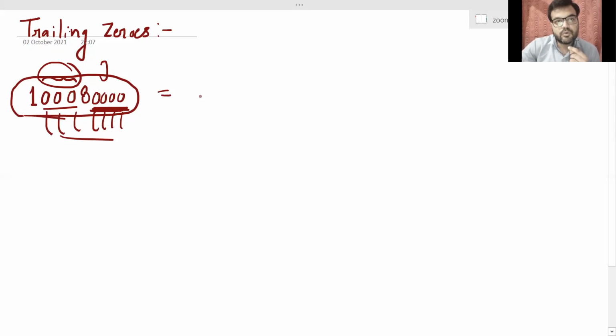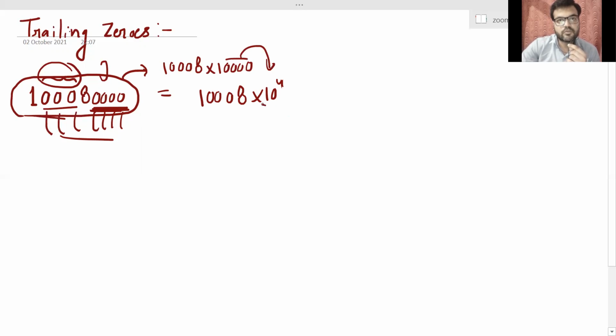We can also write this number like this: 10008 into 10 to the power 4. Obviously we can write it, because this number is 10008 into 10,000, and this 10,000 can be written as 10 raised to the power 4.